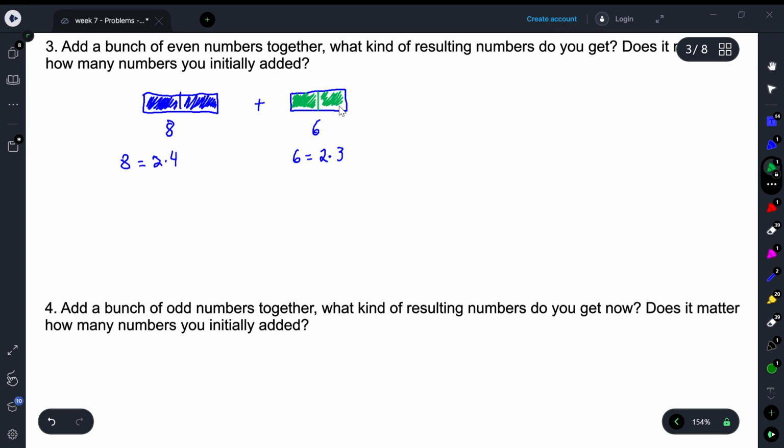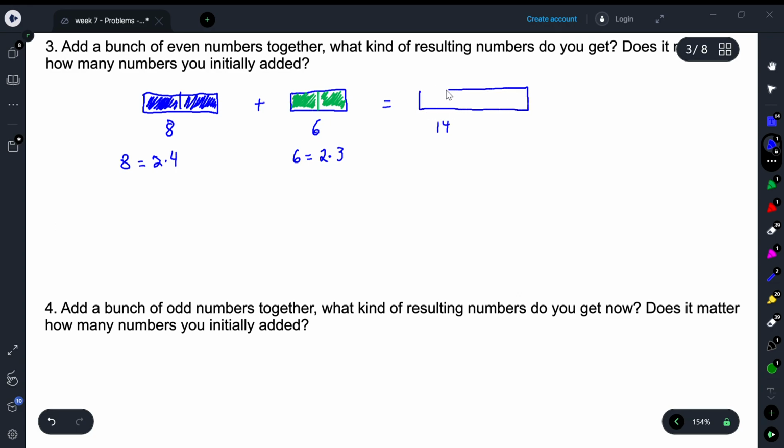But when we add these two numbers, what are we going to get? Visually, we just put two of these blue chunks of 4 together and two of these green chunks of 3 together, and we get 14.